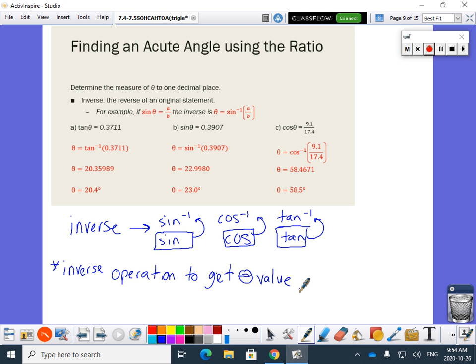So not the next button above, but in between the next button and your sine, cos, and tan buttons. So what you're going to do is type shift, or some of them might be second, and then in this case, we have tan. So we're going to use tan, and you're going to see it come up as tan to the -1. Everyone see that? And then you're just going to type this number in, 0.3711. And you should all get 20.4 rounded.